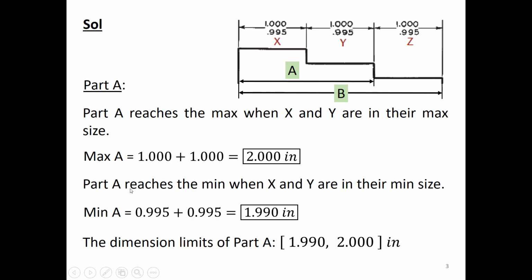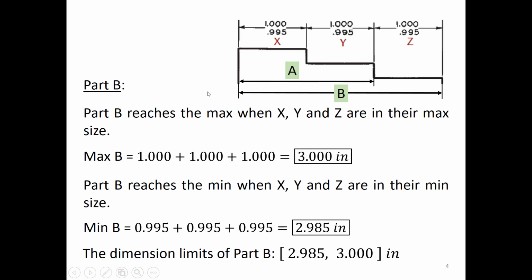And part A is going to be the minimum when x and y are both in the minimum dimension. So this is the smallest size of A, and the dimension limits of part A is going to be from 1.990 up to 2 inches. So this is for part A.